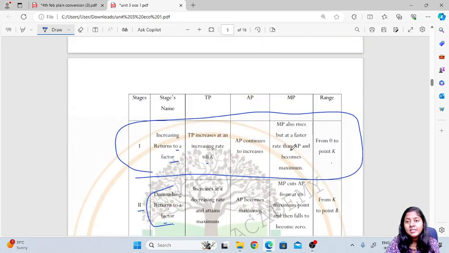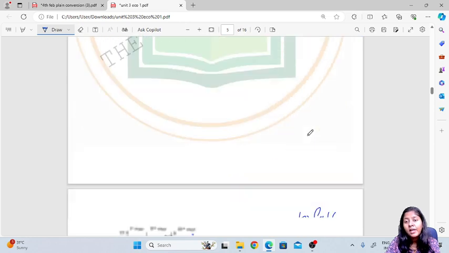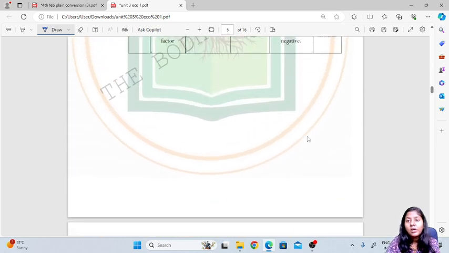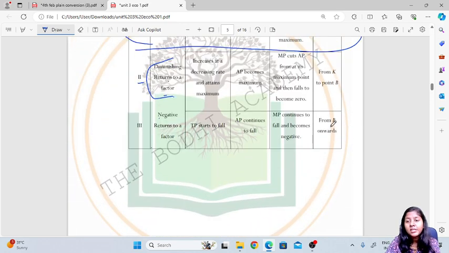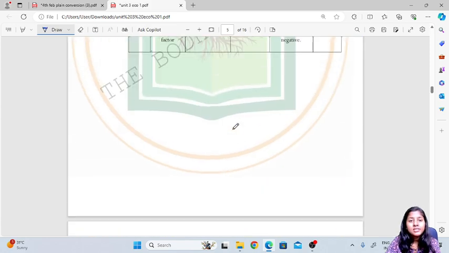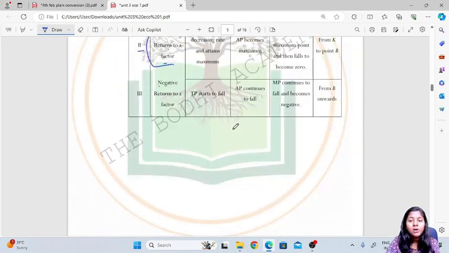And MP, marginal product, continues to fall, and here it has become negative. What is the range? The range is from B onwards. So this is how there are different stages of production.